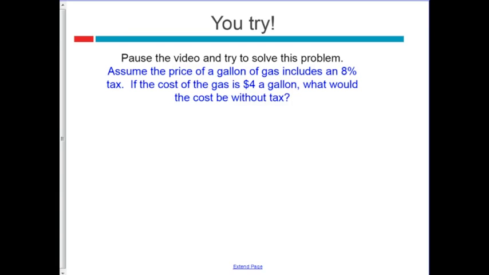Okay, welcome back. Again, we have A over B equals P over 100. We know that with the 8% tax, so that's 108%, we have that the gallon of gas is $4. So I want to solve this one to find out how much it would cost without the tax.